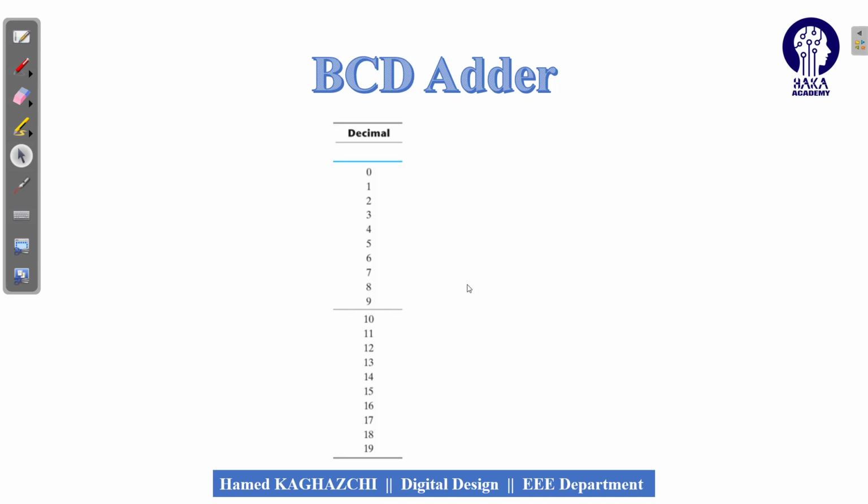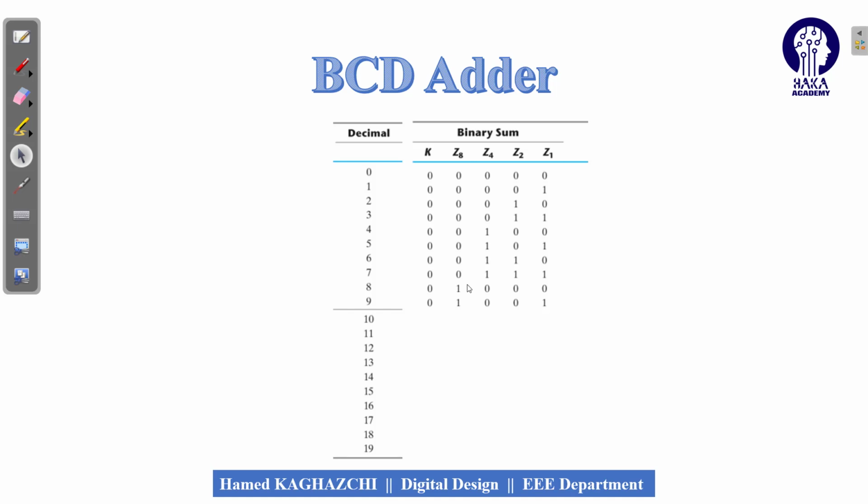Now, for representing 0 up to 19, we need 5 bits. So we call these bits Z1, Z2, Z4, Z8, and K. Now, we say that if the addition of two BCD codes is between 0 up to 9, we write the corresponding binary of the 0 up to 9.